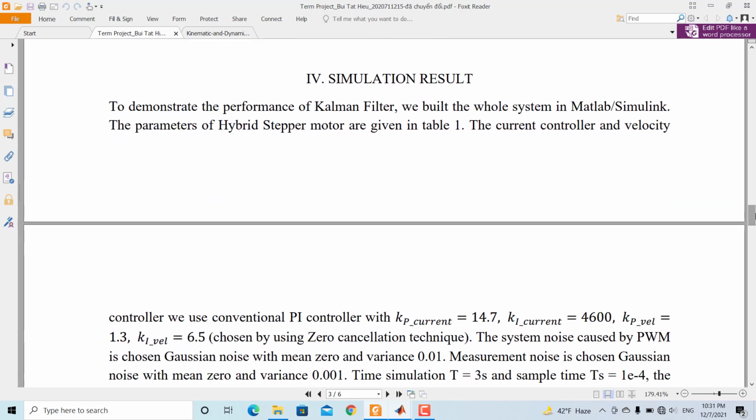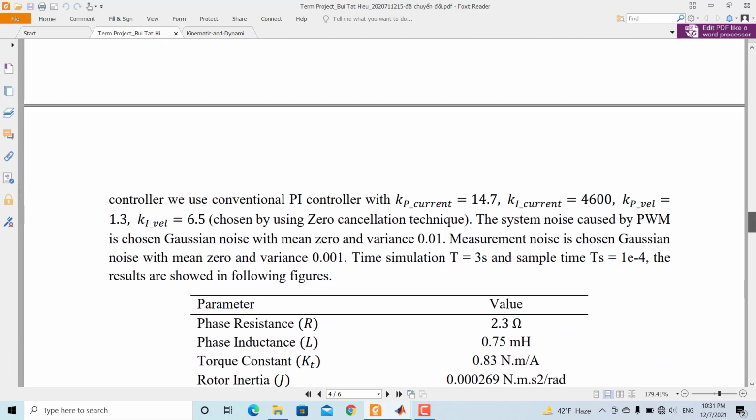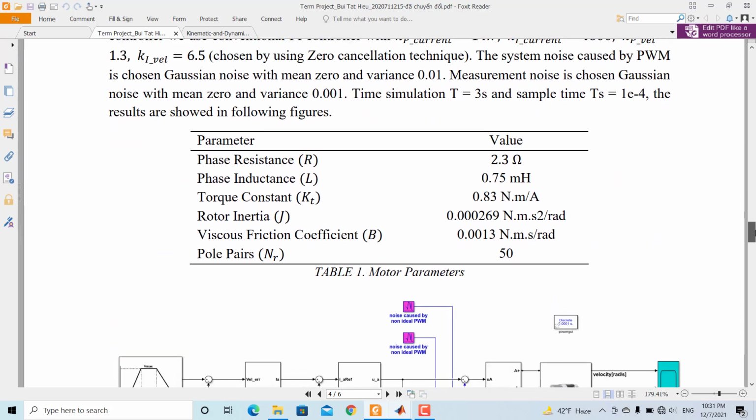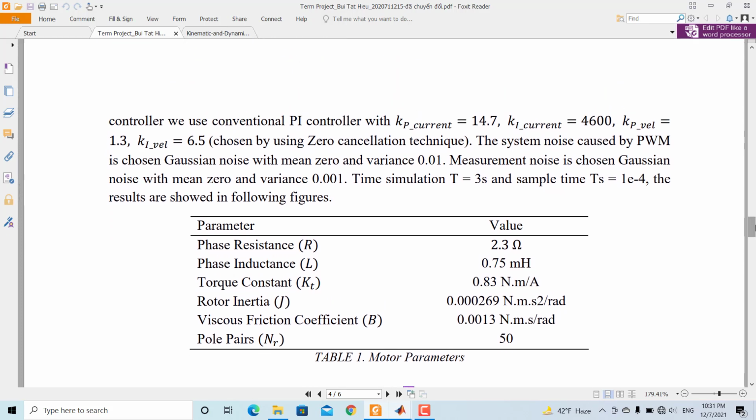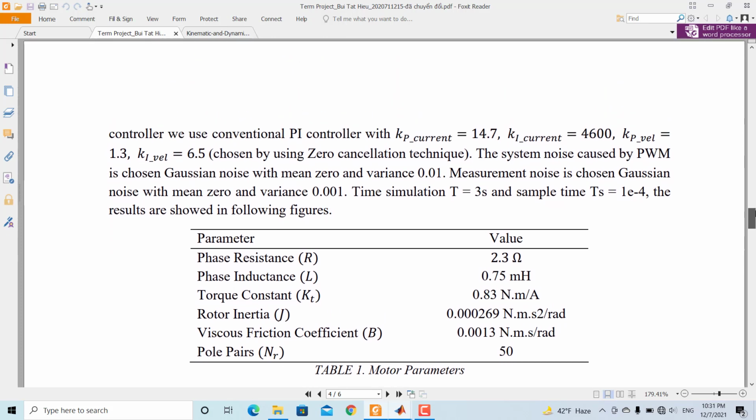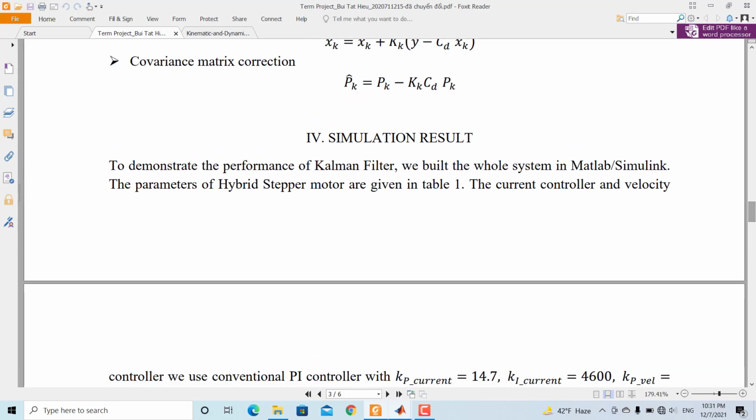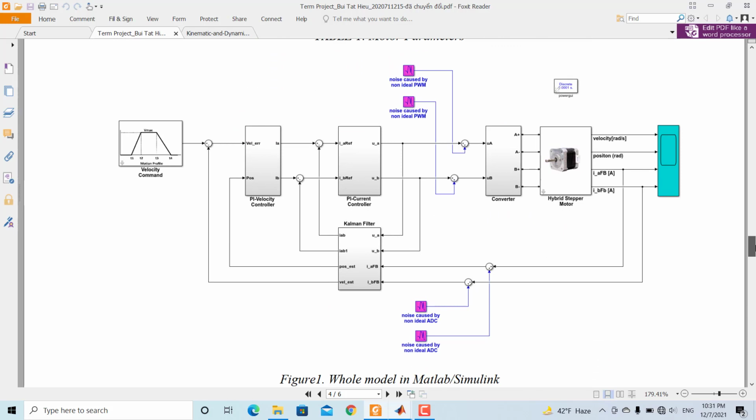And this is the part for the simulation result. To demonstrate the performance of the Kalman filter, I built the whole system in MATLAB Simulink. Table 1 shows the parameters of the hybrid stepper motor, and figure 1 shows the model in MATLAB Simulink.